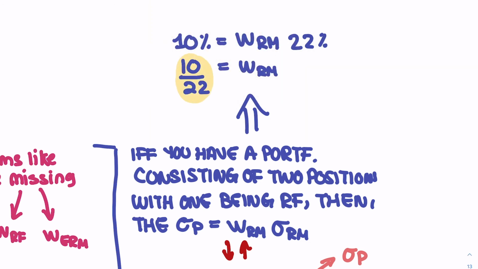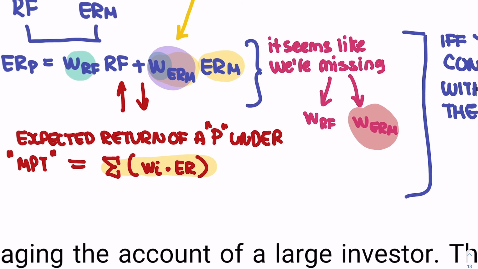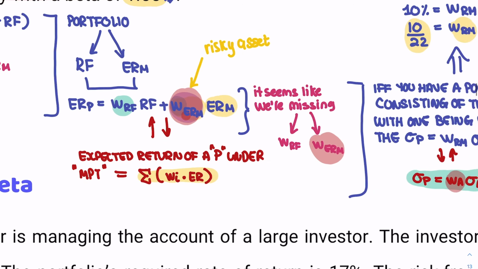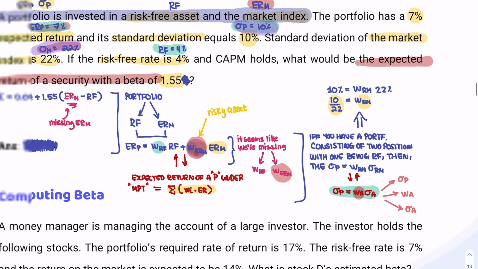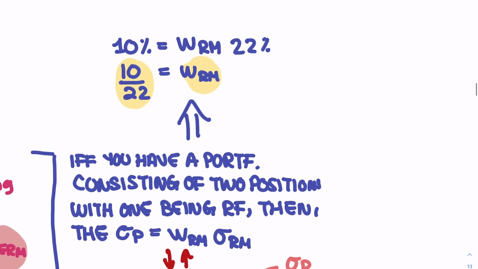All right, so we have that. And now, because we have this very crucial information, we're going to be able to figure out what actually is the weight in RF.